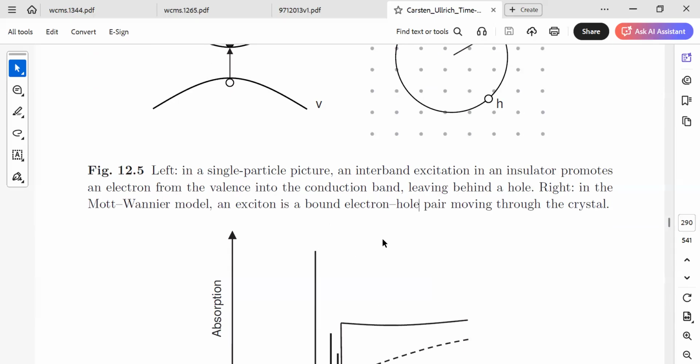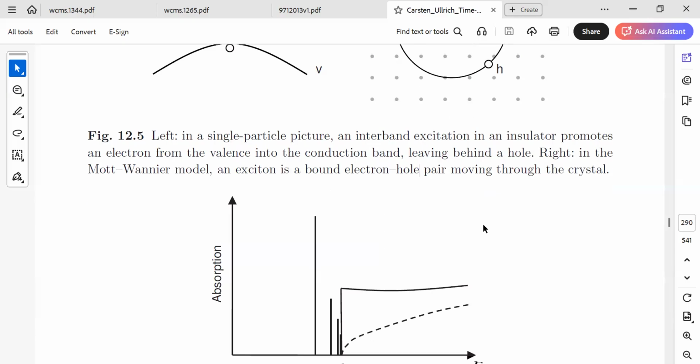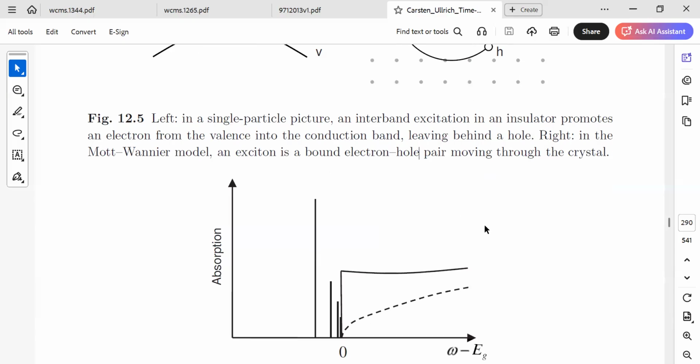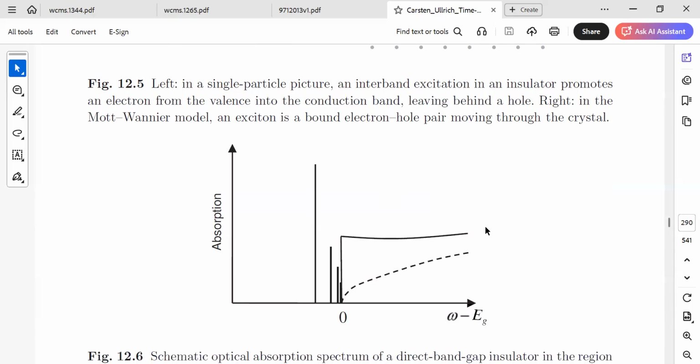The description of this particle is done through quantization, and as a result of quantization, the particle, like the photon, is an exciton.